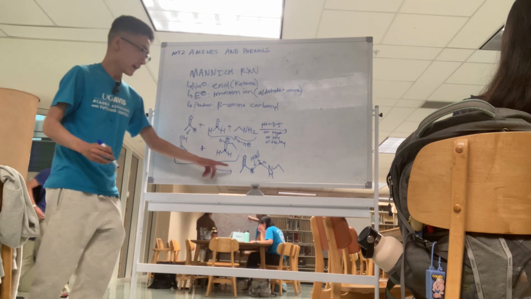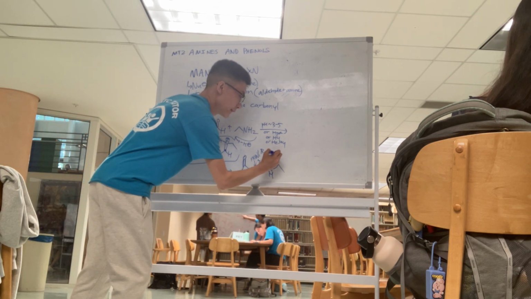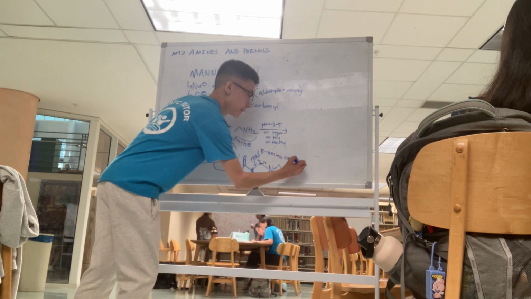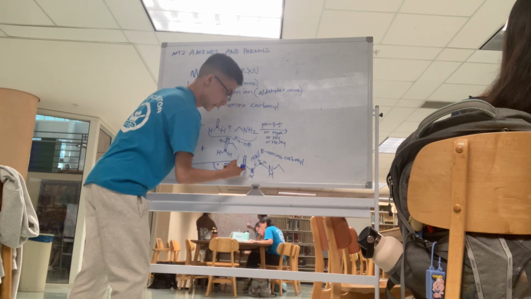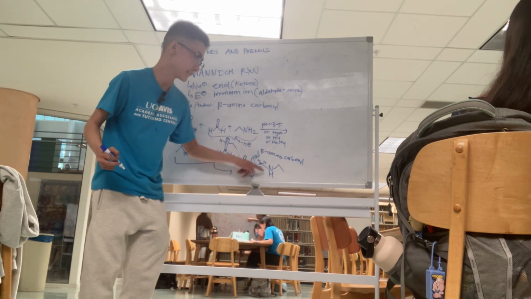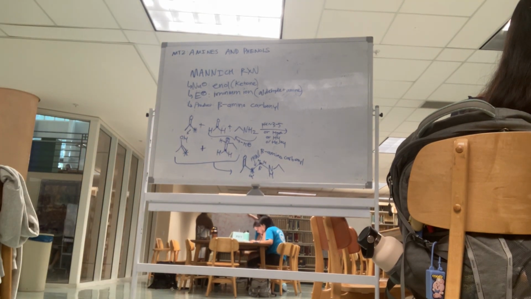And this right here is a beta amino carbonyl, because this is the alpha carbon of the carbonyl. This is the beta carbon of the carbonyl, and on the beta carbon we see an amino group. Also, in a way, it's combining multiple components into one component, right?